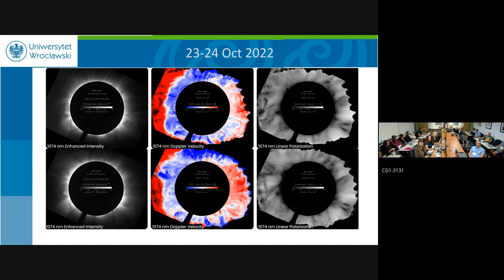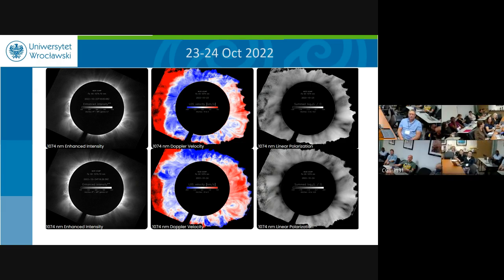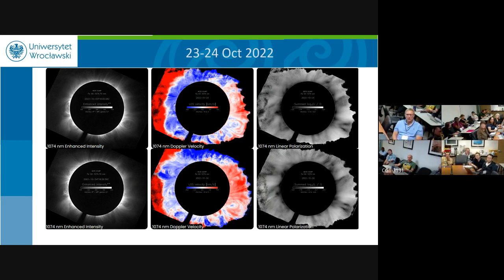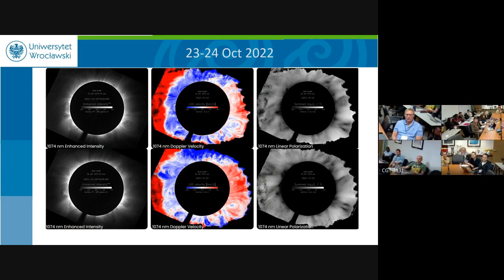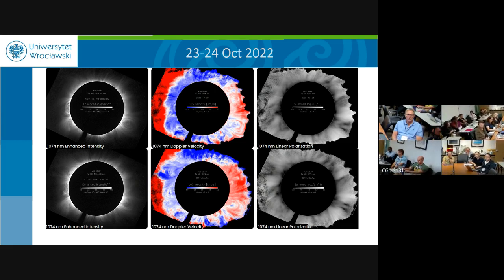On the right we see linear polarization, and probably the X point we've already modeled for higher cavities. This is a very good example of a huge cavity, which is impossible to analyze with other instruments. We need a much larger field of view, like with UCoMP.